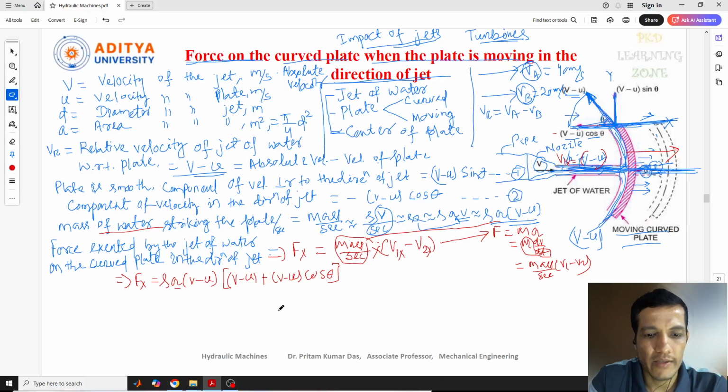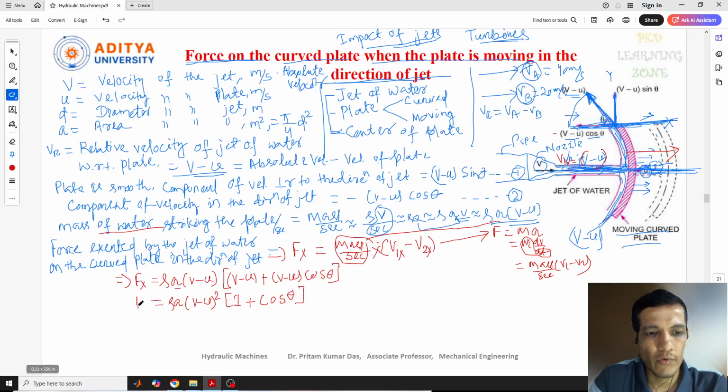Now we will take a common term. Taking rho a outside, and taking v minus u common from inside, since v minus u is already there outside, we get (v minus u) whole squared times the bracket 1 plus cos theta.